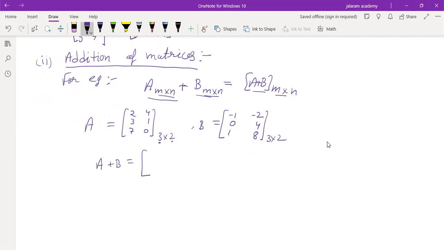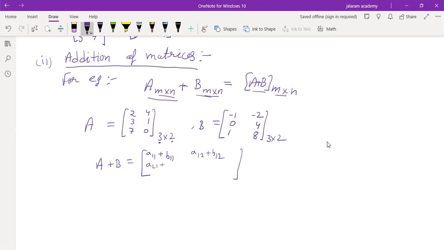A11 means element of first row, first column of first matrix is added to B11, the element of first row, first column of second matrix, and so on. A12 plus B12.